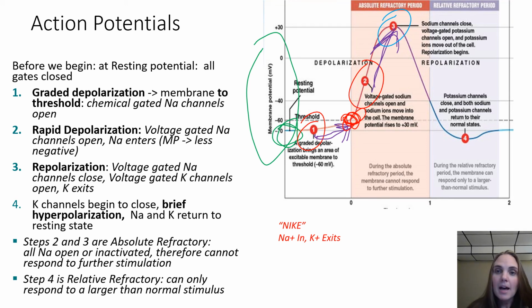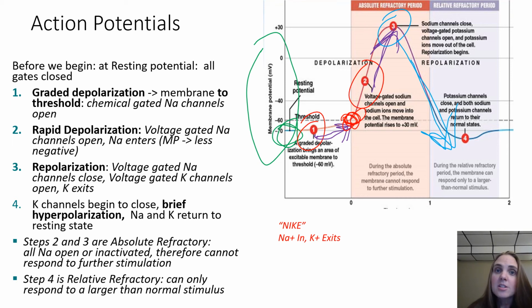And so those positive charges leaving the cell are going to lead to a rapid repolarization. So we're lowering that membrane potential. We're going back to that -70. So that's a repolarization due to those voltage-gated potassium channels opening.